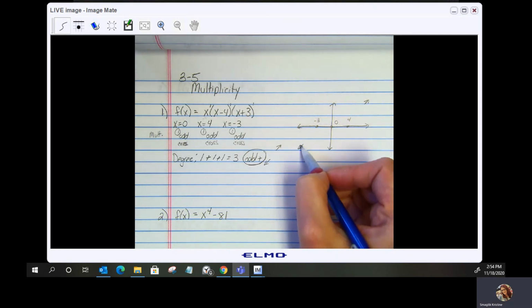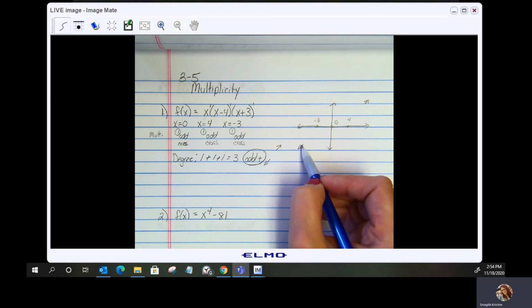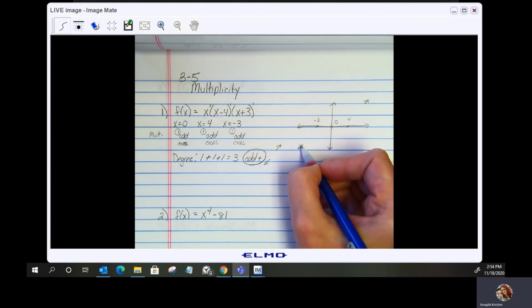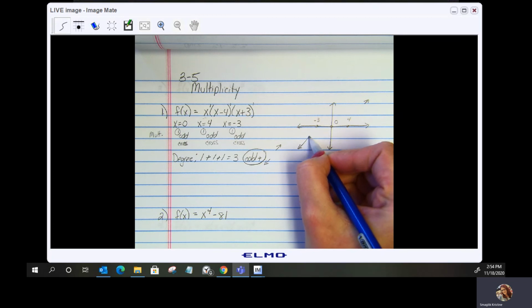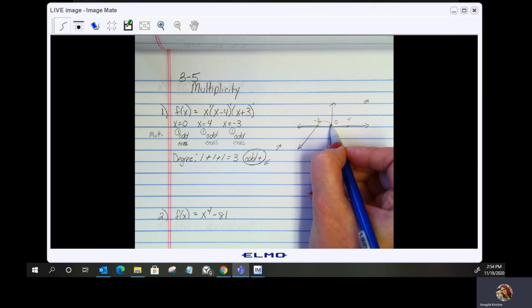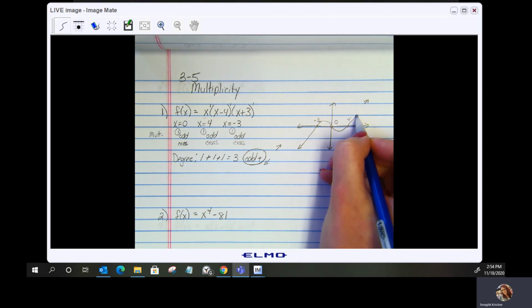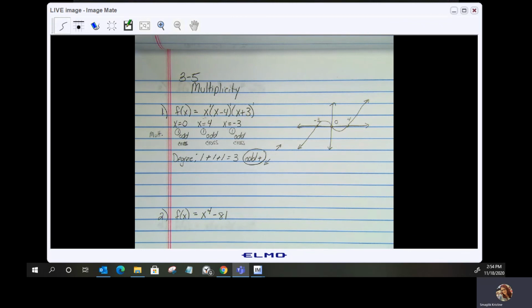So now I'm starting at my end behavior, and I know at each of these x values, my graph goes through the x-axis. So here I go. We're going to go up. We cross the x-axis. That's an odd multiplicity. Come down. We have to cross the x-axis again. And then we cross it again. And there's a rough sketch of our graph.